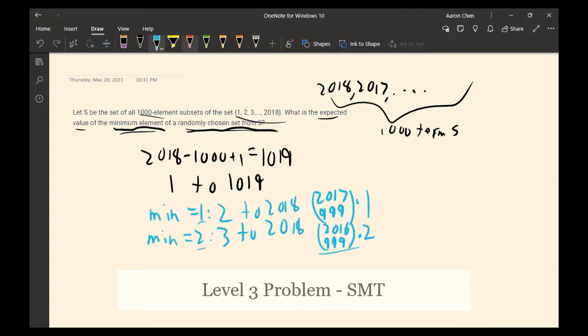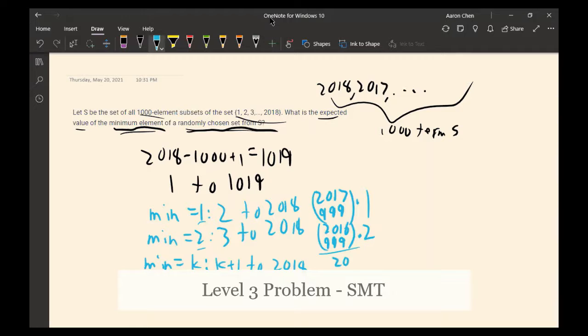And so in general, when the minimum is equal to k, then the other 999 values can be chosen from k plus 1 to 2018. And so this is a total of 2018 minus k numbers.